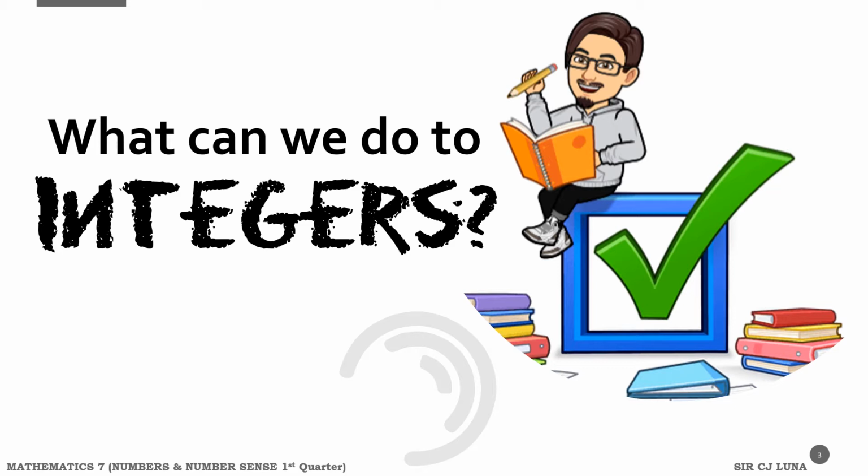But what if negative integers are included in the process? What will you do? How do we add, subtract, multiply, and divide integers? So that will be our lesson for today. I will teach you how to do that. So are you ready? Okay, let's do it.